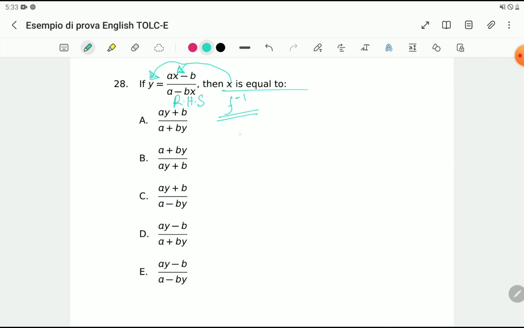So y equals ax minus b divided by a minus bx. What is the inverse? x equals, we'll just put the y value.